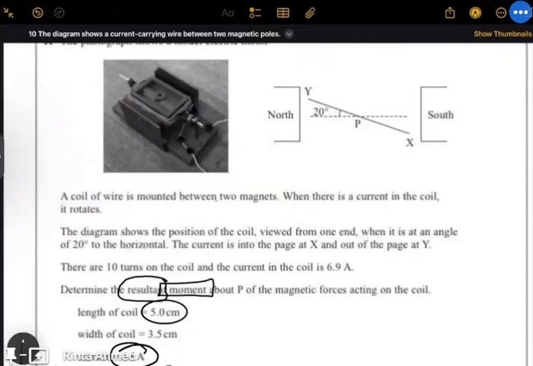So let's go into the diagram and look at this. If you look more closely, they have said that at X it is into the page and at Y it is out of the page. If you use Fleming's left hand rule, then you will be able to find out that this is upward and here it is downward.